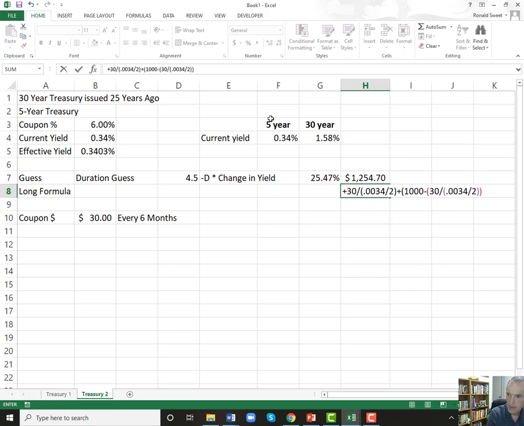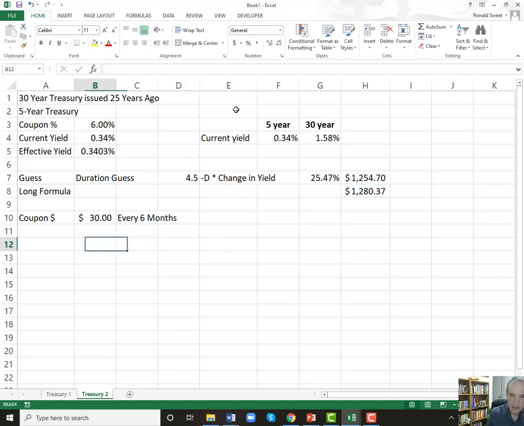We're going to take all of that and divide it by 1 plus 0.0034 divided by 2, and raise that to the n. The n is not 5, it's 5 years, but we're going to raise it to 10 because you get cash flows every 6 months. And there's the actual number. That looks pretty good to me. That's probably the right number. But the last thing we'll do is the discount table.